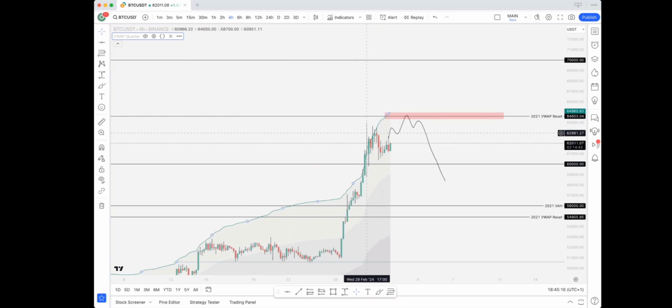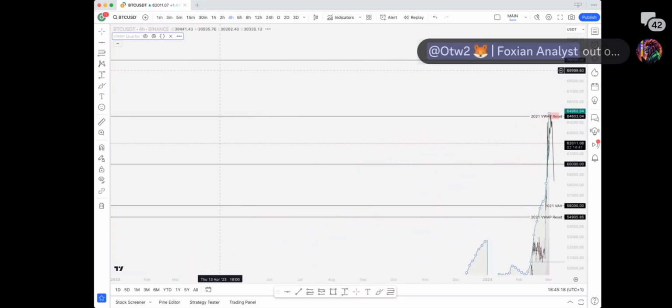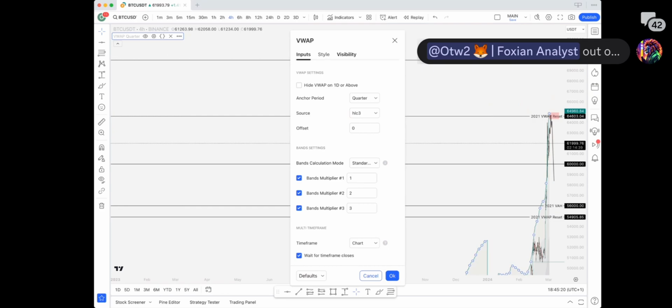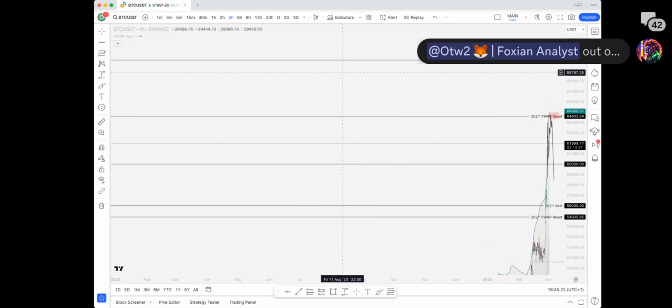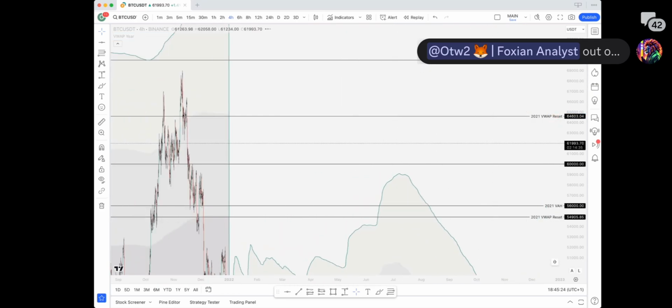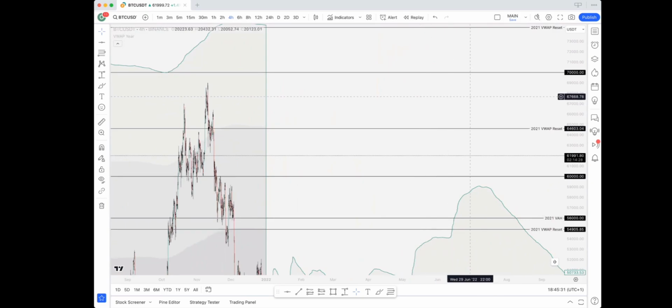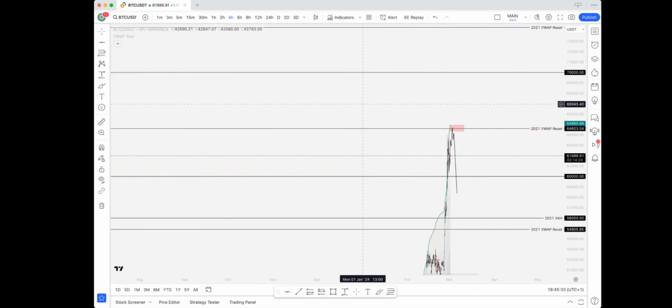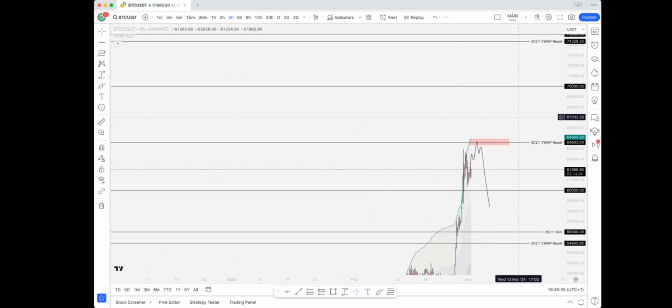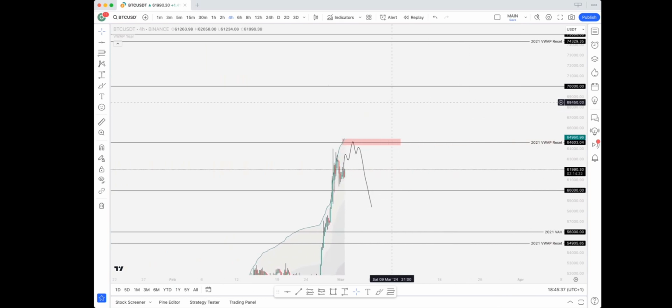Here you see the 2021 VWAP preset. So I'll turn on the yearly here. You'll see that this matches up off here. As you can see, off this one. So this would be a difficult zone for BTC to move through.